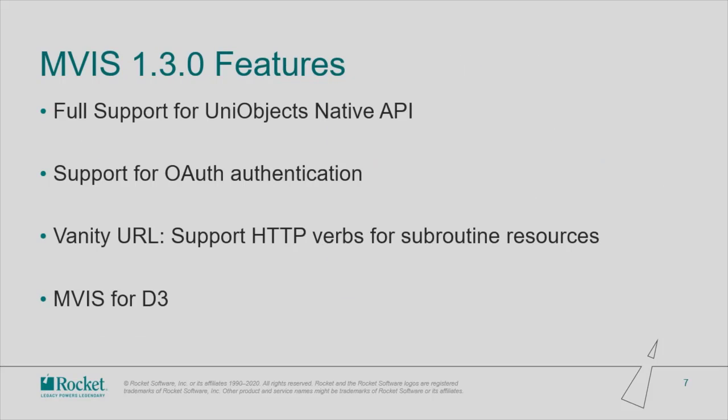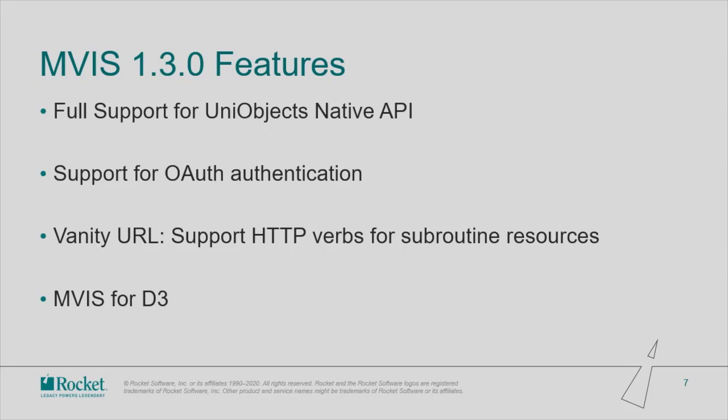Okay, so now let's take a look at some of the upcoming features in MVIS 1.3.0. You can expect full support for UniObjects native API. Next, we have support for OAuth authentication, and in the world of ever-increasing security concerns, that will be important. Thirdly, vanity URLs.